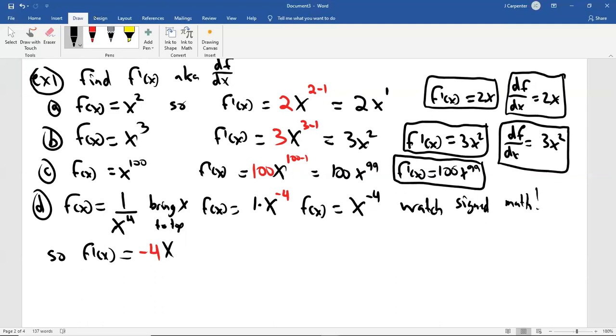So a -4 goes down to a -3, and that's wrong, wrong, wrong, wrong, wrong. Admittedly, I've done that once or twice. But remember, subtraction with negatives works differently. So this is -4 minus 1. Which leaves the -4 in front, and the x to the -4 minus 1, which is not -3, it's -5. Same sign, add the numbers, keep the sign. Different sign, subtract, keep the sign of the larger. That's your rules for adding and subtracting signed numbers.